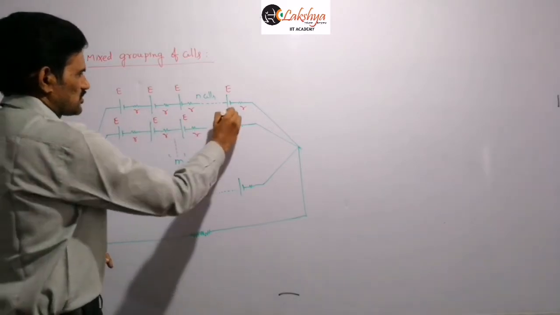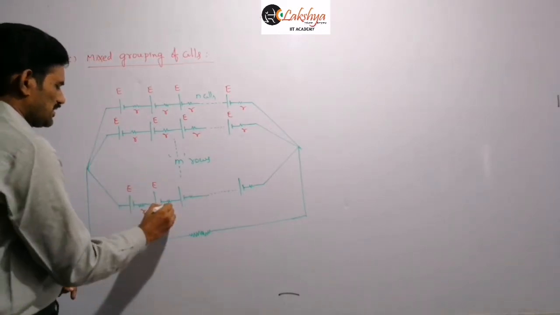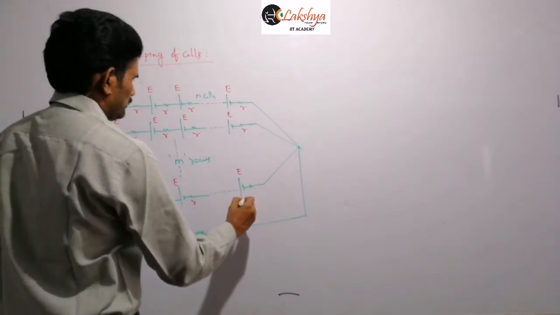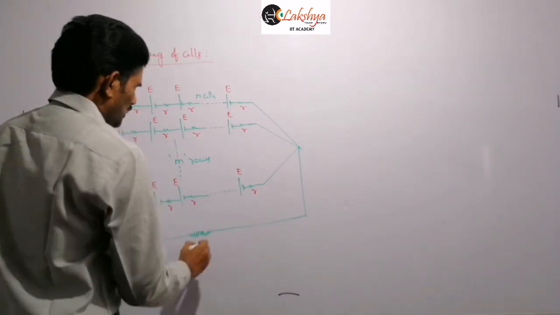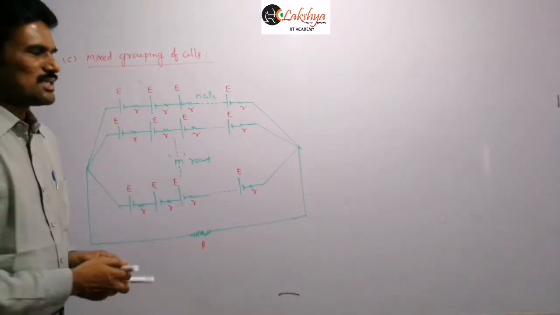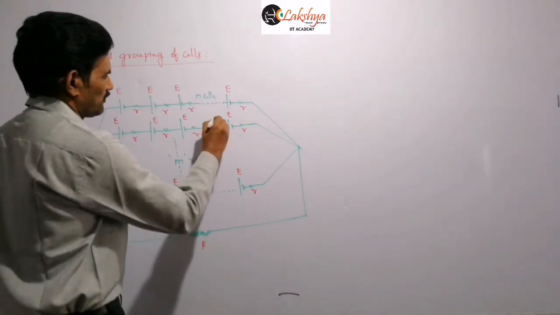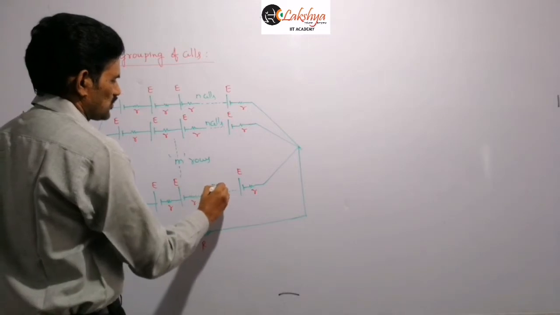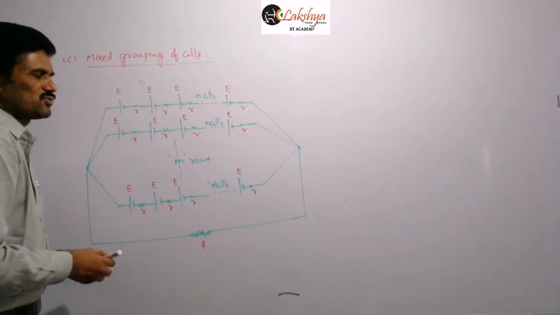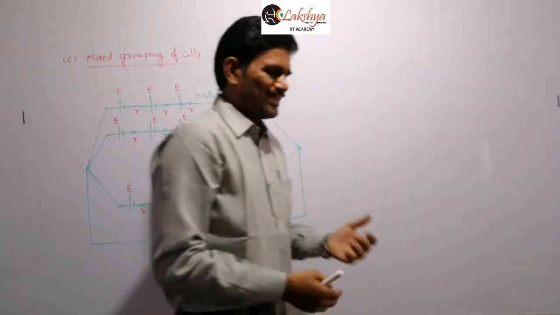So all cells are identical cells, and this is the external resistance R. In each row I can write this as n cells, and such m rows are there in this totally, with this external resistance R, right? Got it?